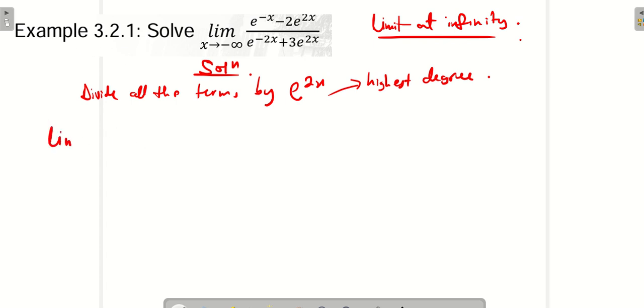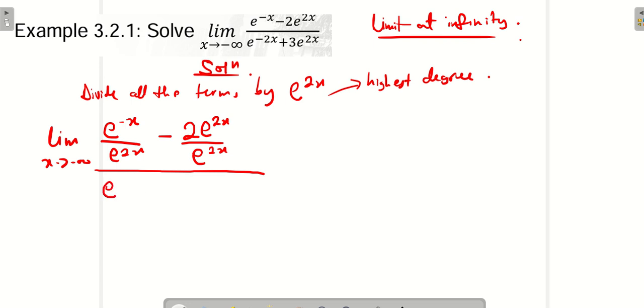I'm going to have the limit as x is approaching infinity of e to the power negative x divided by e to the power 2x, minus 2e to the power 2x divided by e to the power 2x, all divided by e to the power negative 2x divided by e to the power 2x, then plus 3e to the power 2x divided by e to the power 2x.